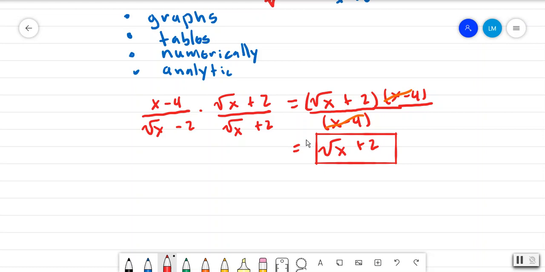But if you would have graphed this one, the graph of it looks something like a square root, like something like this.